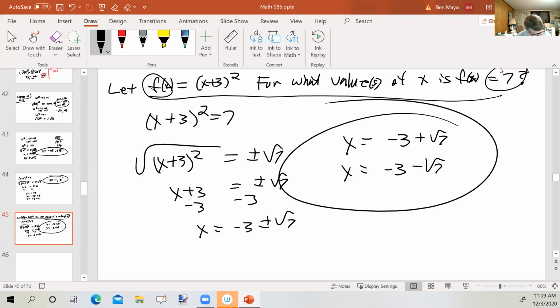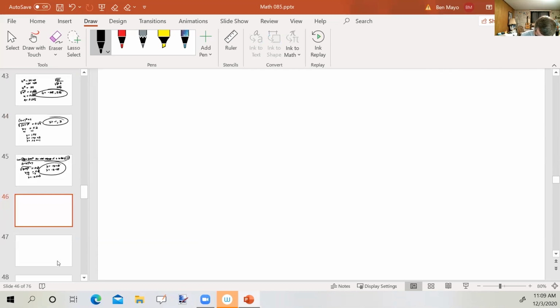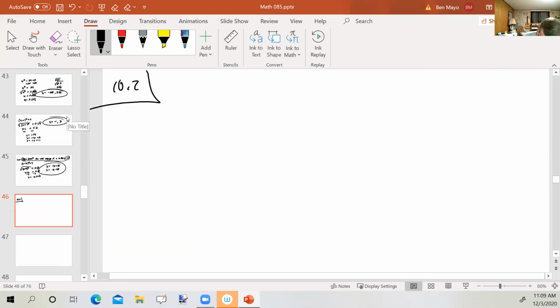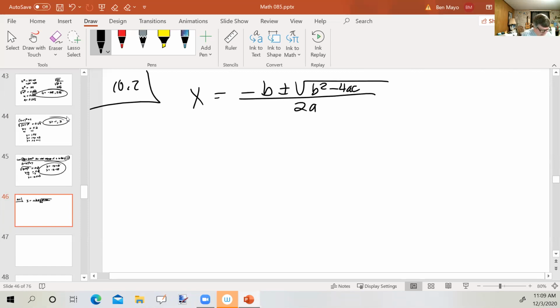Okay, we're going to go on to section 10.2, which is the quadratic formula. This is a formula that you should have memorized. X equals negative b plus or minus the square root of b squared minus 4ac all over 2a. And how would we apply that?